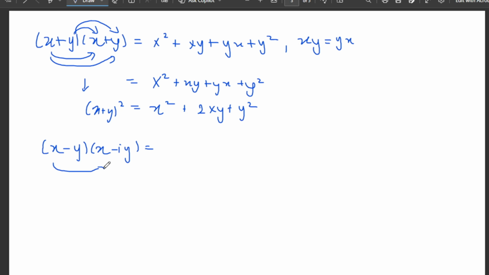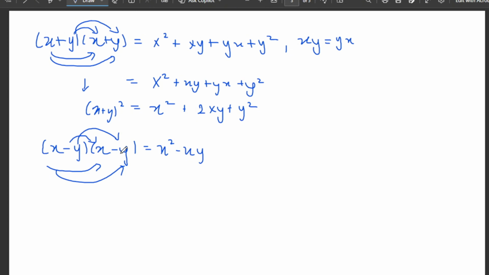Okay, how about we times this as a negative: x minus y times x minus y. So x times x must be x squared. X times negative y is negative xy.